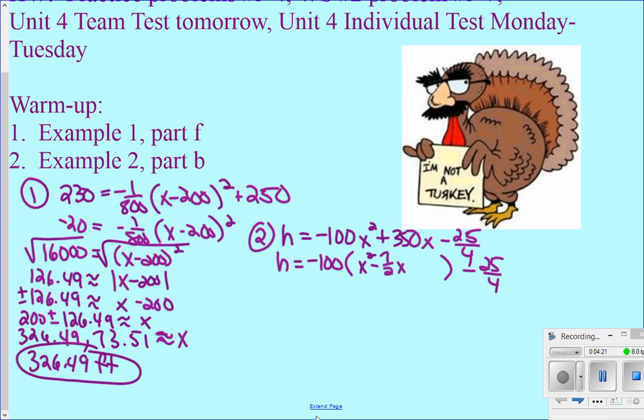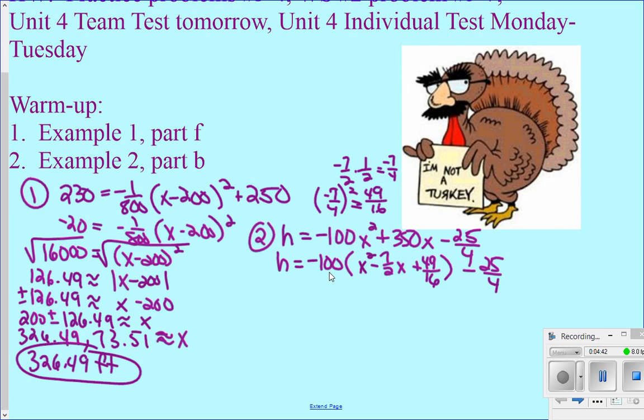So now I'm going to take negative 7/2 and multiply by 1/2 because that's dividing by 2, and that's negative 7/4. And I'm taking negative 7/4 and squaring that to get 49/16. And 49/16 is what I'm adding to complete the square.